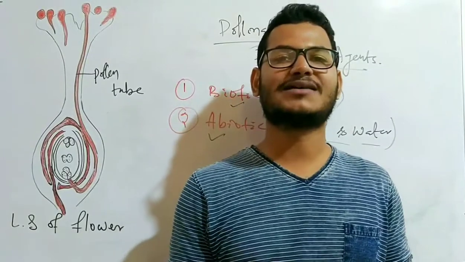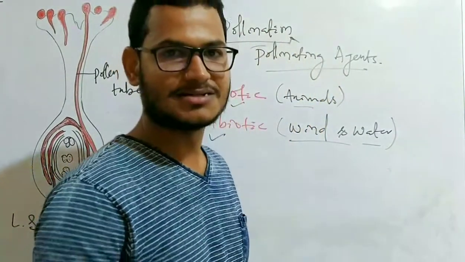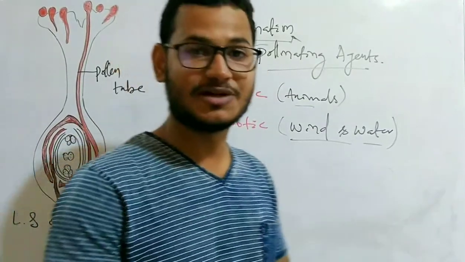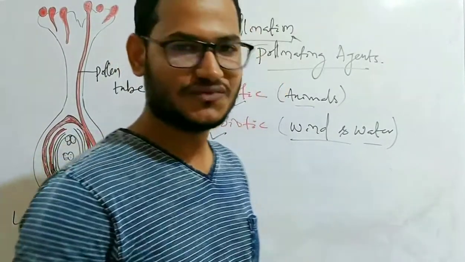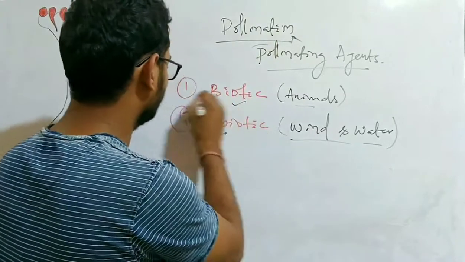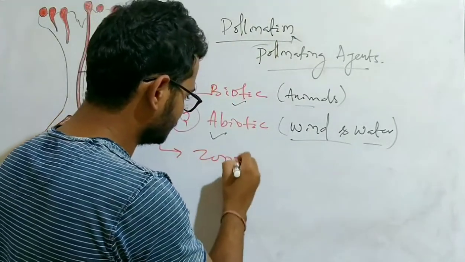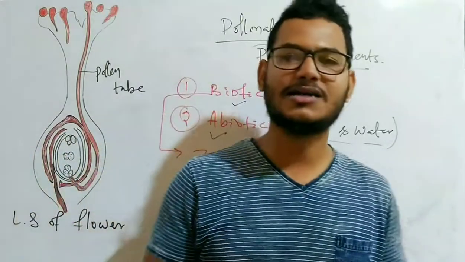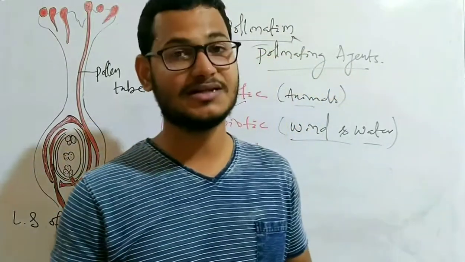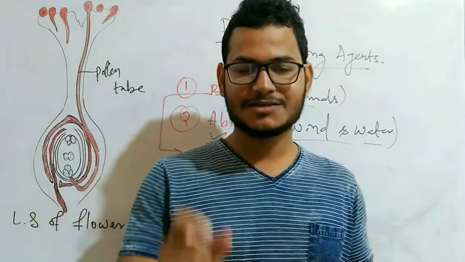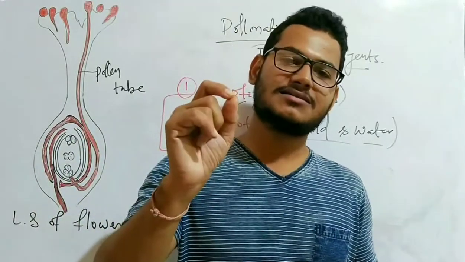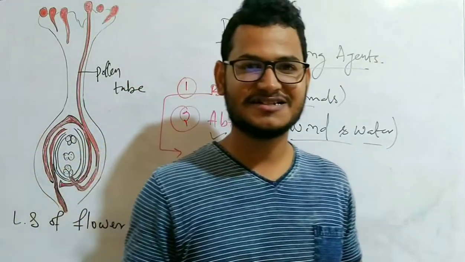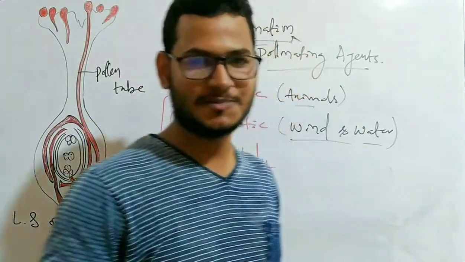What are the biotic factors? The animals. When animals are responsible for causing pollination, it is called zoophily. What are the different animals who help in the process of pollination? Normally insects, birds, bats and snails are responsible for causing pollination.